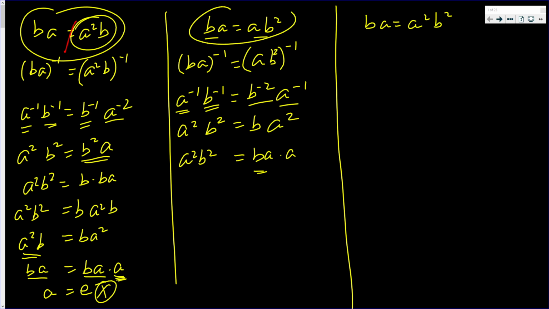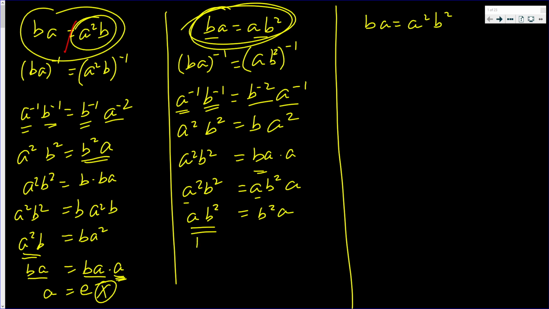But BA, according to the top, is AB squared times A equals A squared B squared. On the left-hand side of both equations, I'll kill off an A. So I get this. But AB squared is BA. So BA, I'll write this as B times BA. Well, if BA is something times BA, that something must be E. But that's a contradiction. Contradiction that BA equals AB squared. That's not possible.